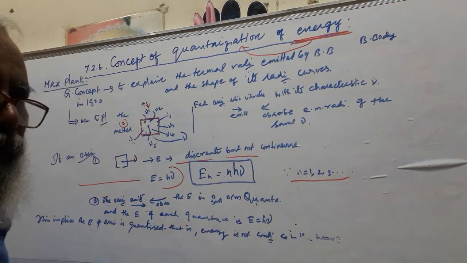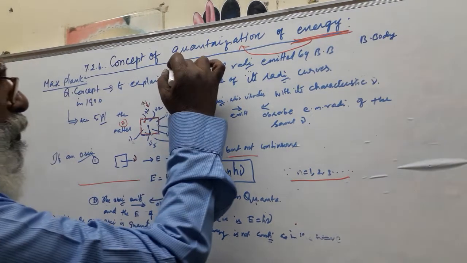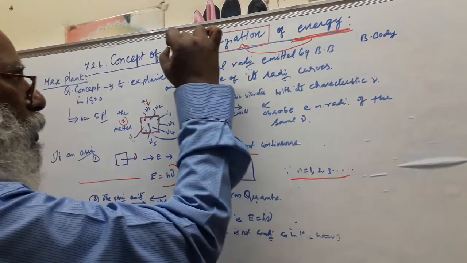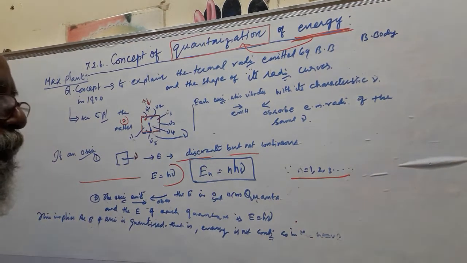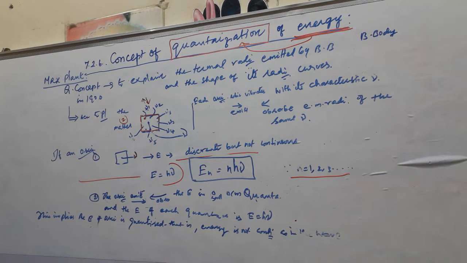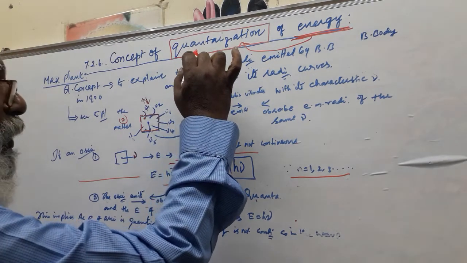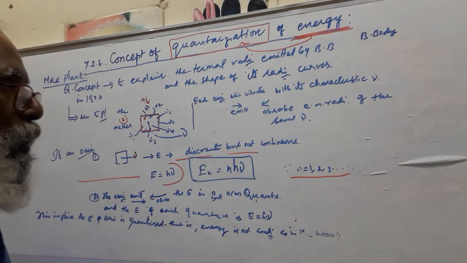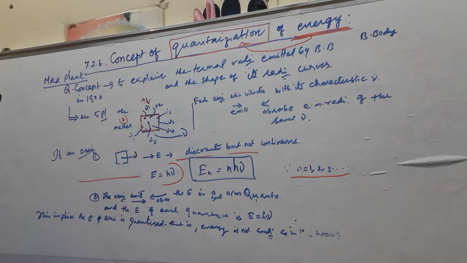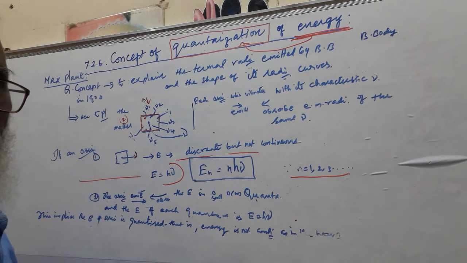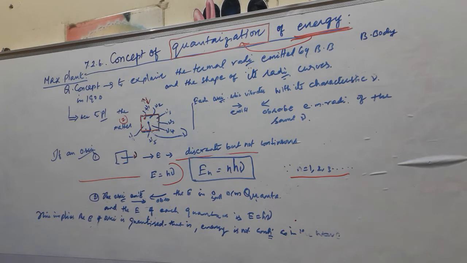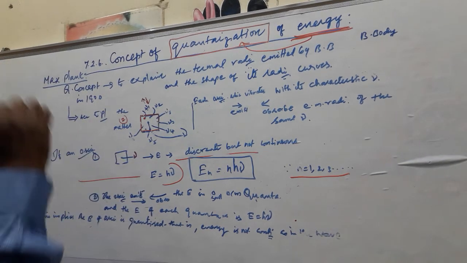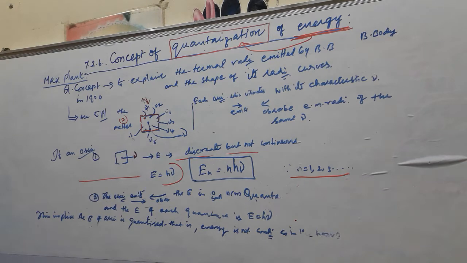Already we explained that. But this new technical term is very important for further study of physics, so we must know what quantization of energy is. It was suggested by Max Planck in 1900.